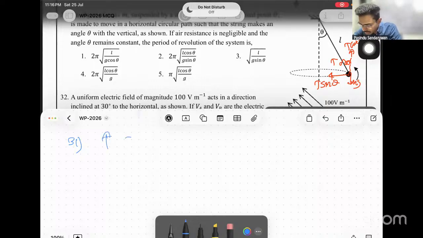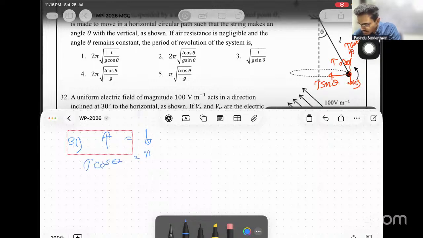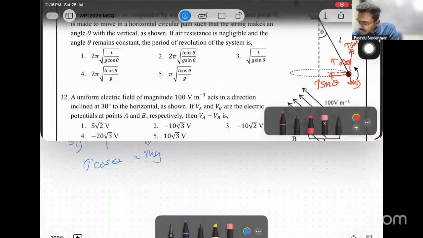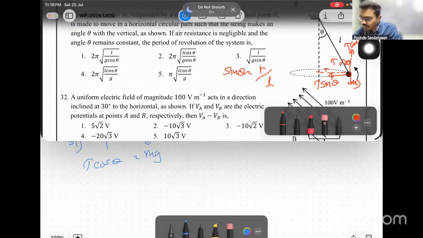Vertically upwards we have T cos theta, vertically downwards mg. Let's say this radius is r. From the diagram, sin theta is r over L.